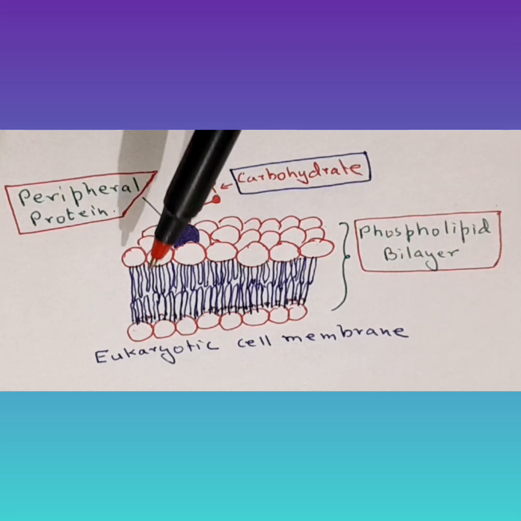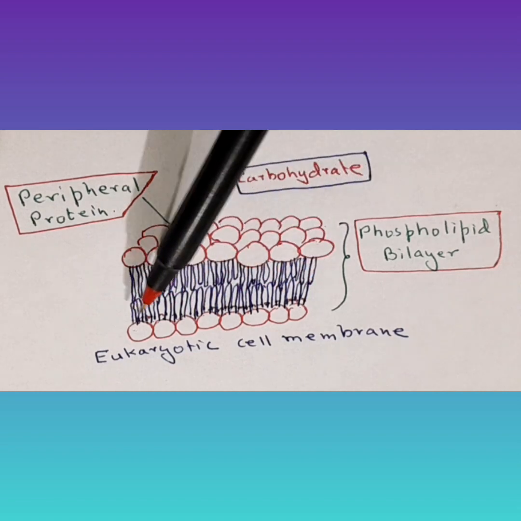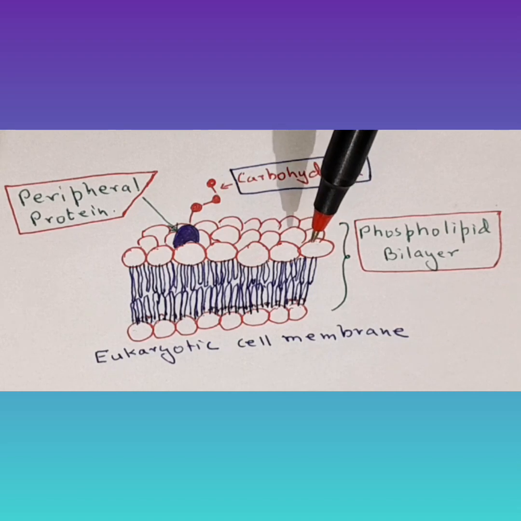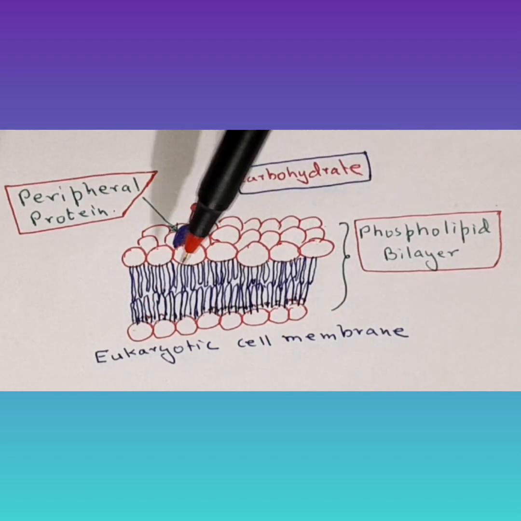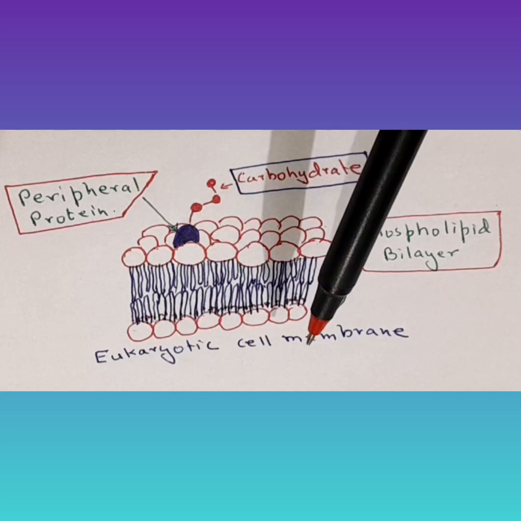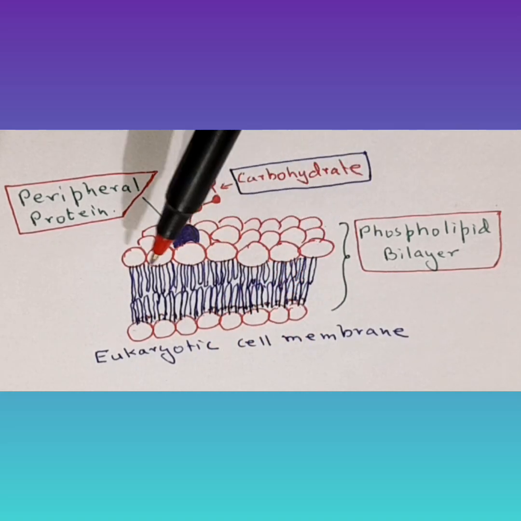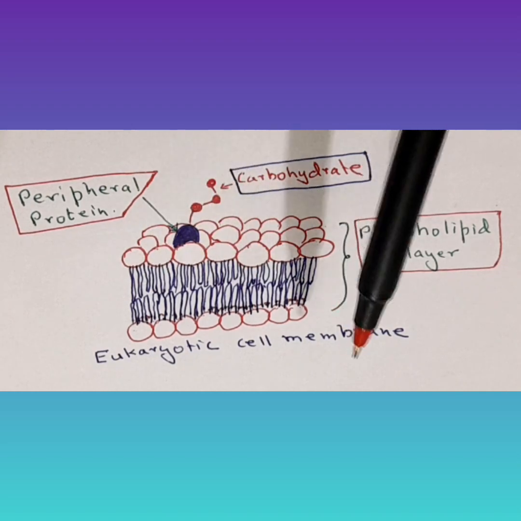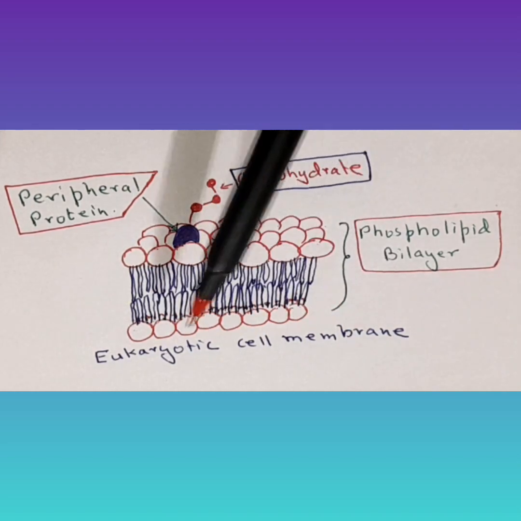Because it has got a lipid part which is here, which is oil soluble, and it has got a hydrophilic part, that is the phosphohydrophilic part, which is over here as well as here. Now it is called a bilayer because you see that this becomes one layer and this again becomes another layer.